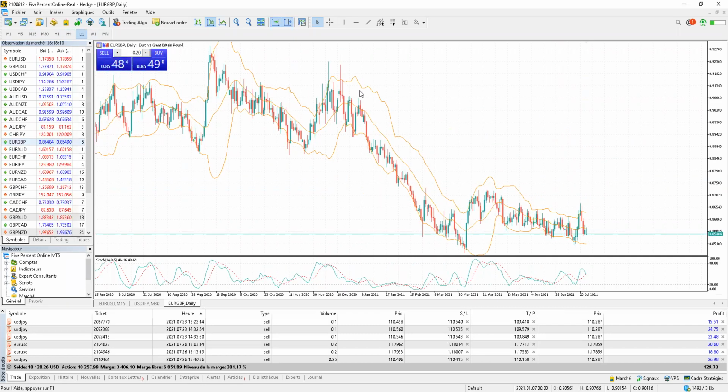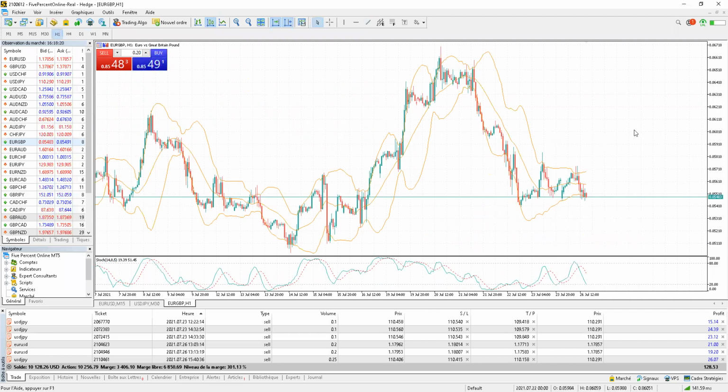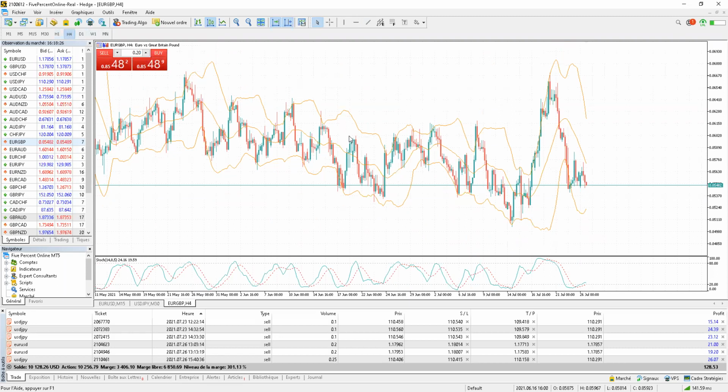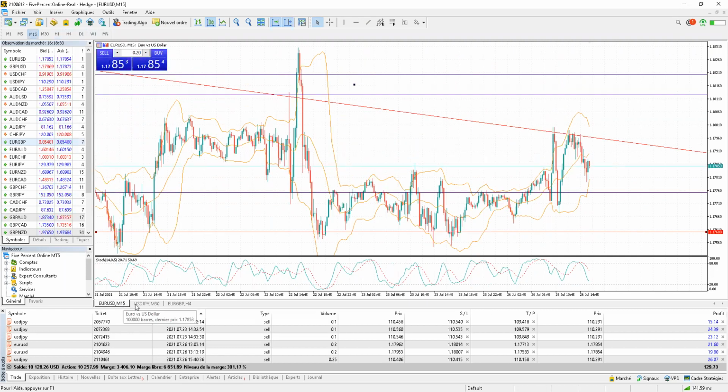I don't see anything here, and same on the daily. I don't see so much opportunity. It's very weird. Maybe for some scalping, but that's why I don't like this pair so much. It's very choppy. You cannot make any long swing trade on that side.